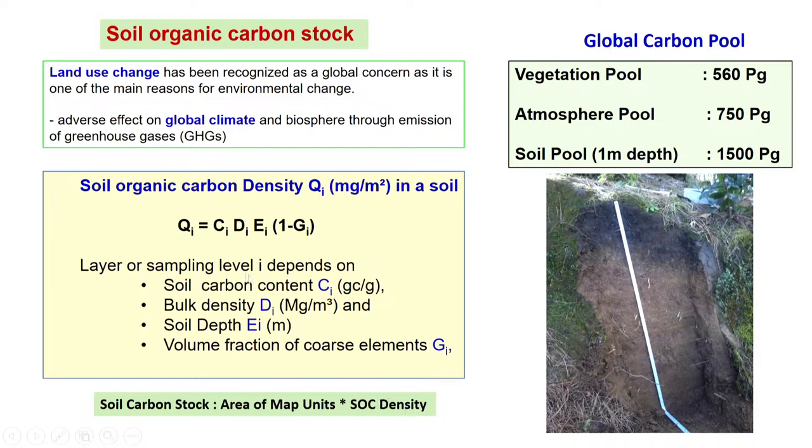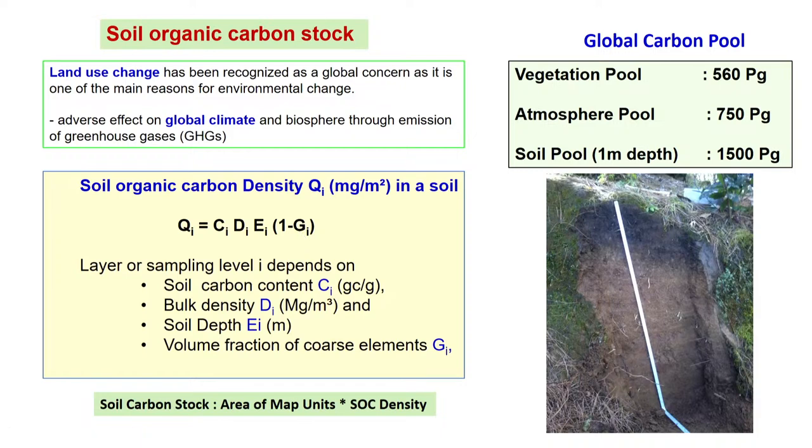And SOC density you can calculate using this equation, where Qi is the soil organic carbon density, C is your soil carbon content, so carbon analysis we can do, soil organic carbon, D is bulk density, E is soil depth, and G is the volume fraction of coarse elements, means stones or gravels, how much volume of that one. We have to subtract that one because they don't contain organic carbon.